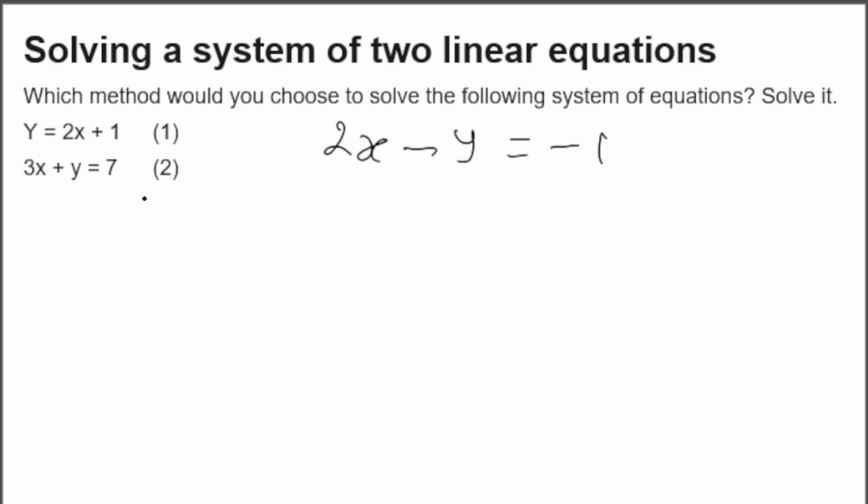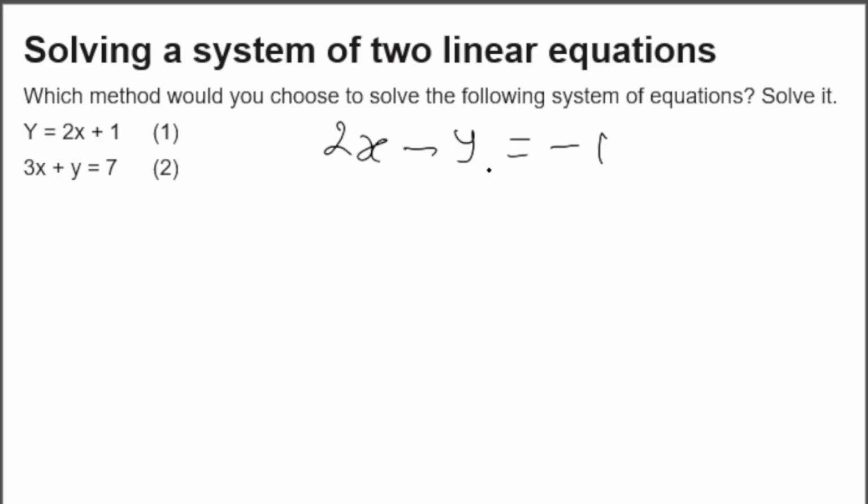That means we have shifted this y to the right hand side and 1 to the left hand side. So when we shift y to the right hand side, it will be minus y. And when we shift 1 to the left hand side, it will be minus 1. So we have overturned this equation.